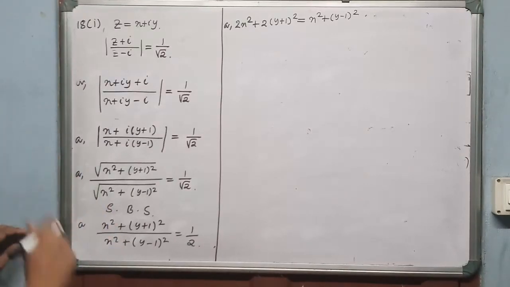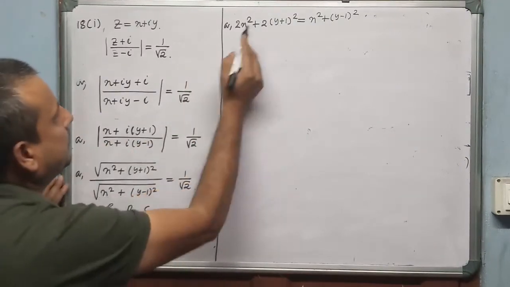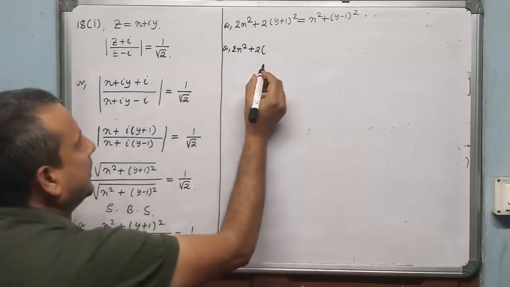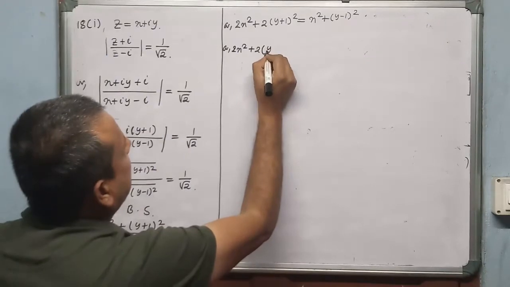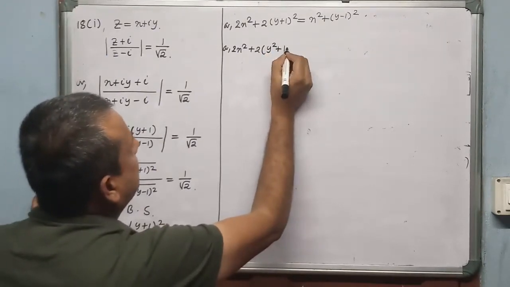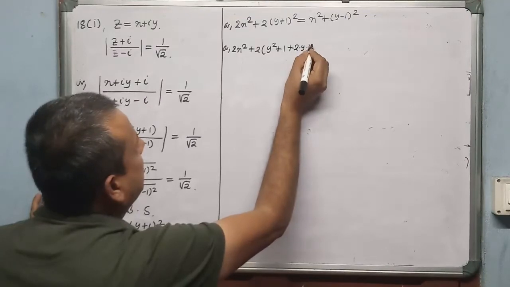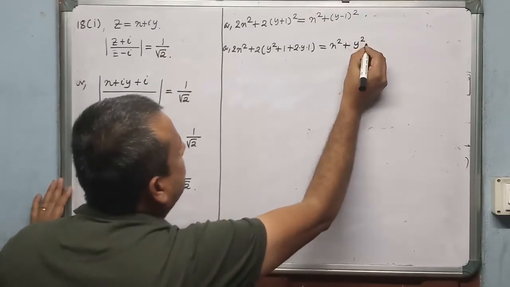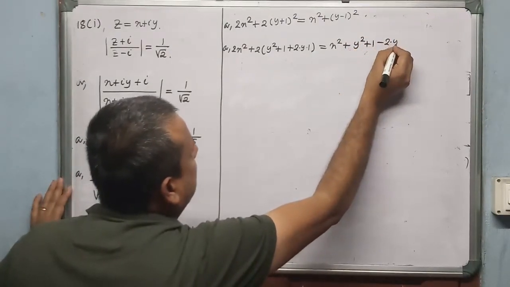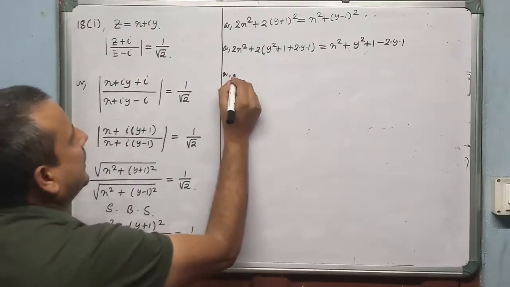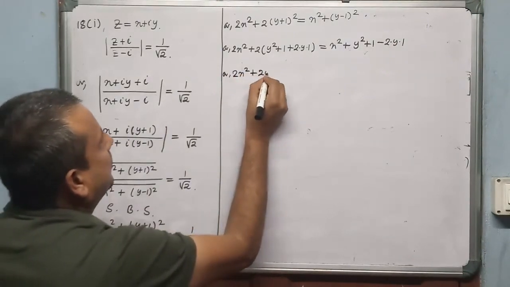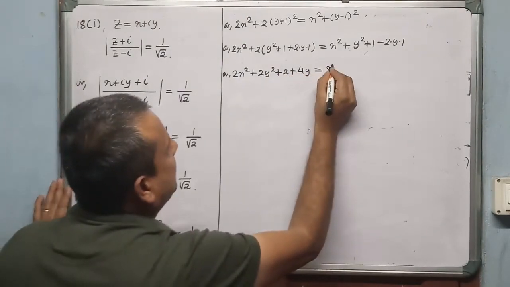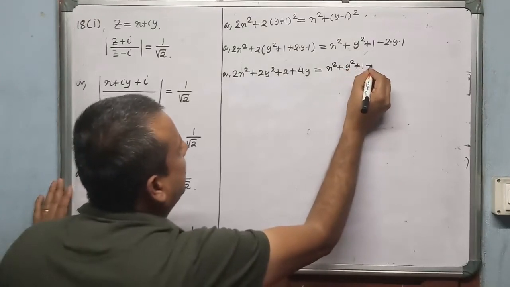Now I'll write the like terms on one side. First I'll use the formula (a plus b) whole square, which is a square plus b square plus 2ab, and for (a minus b) whole square, a square plus b square minus 2ab. So 2x square plus 2y square plus 2 plus 4y equals x square plus y square plus 1 minus 2y.